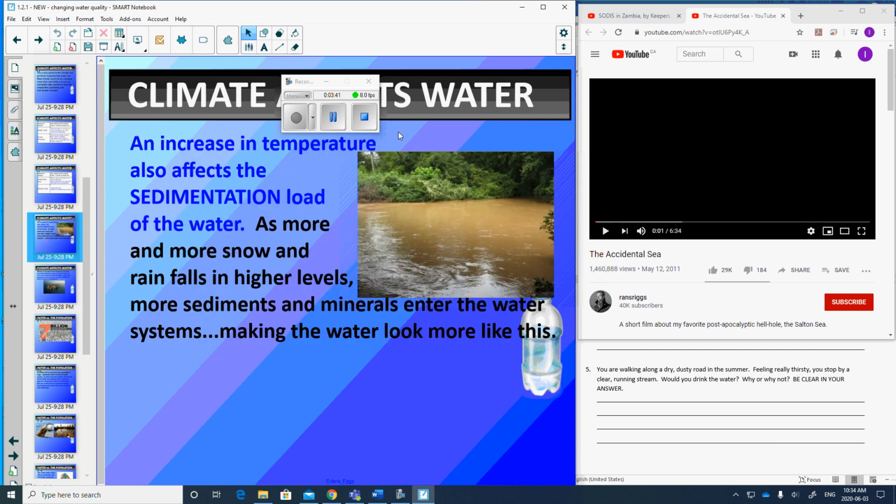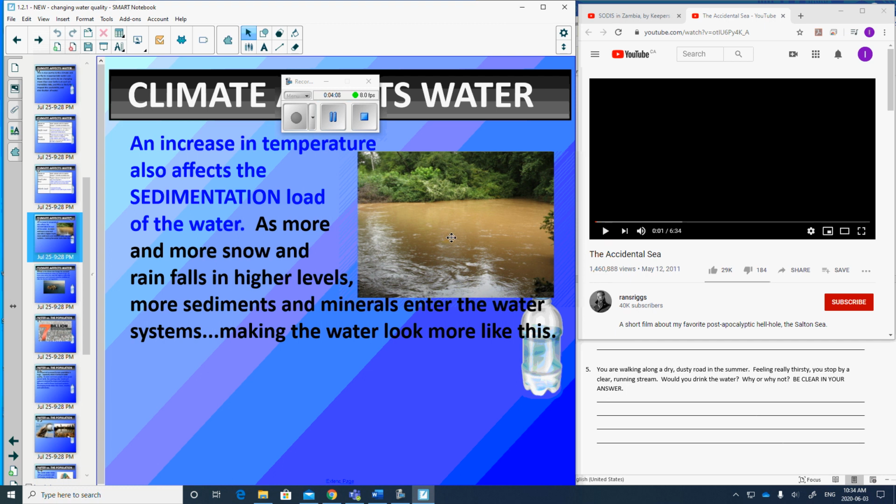Here's a picture to show what an increase in temperature can do to a river. And we see this in the Oldman River going through our city as well. An increase in temperature can also affect the sedimentation load of the water. As more and more snow and rain falls at higher levels, more sediments and minerals enter the water. We know this when it rains lots, when the river is very high and moving very fast.